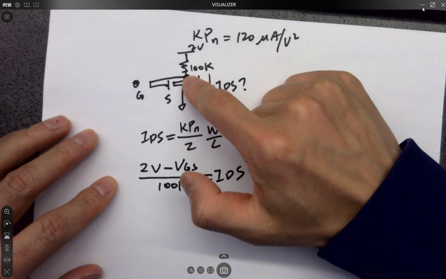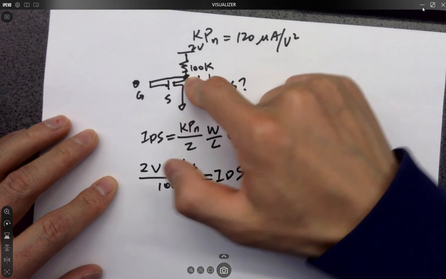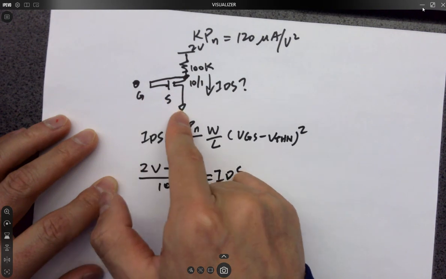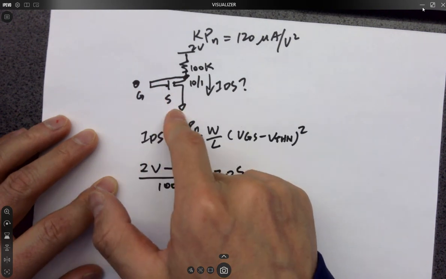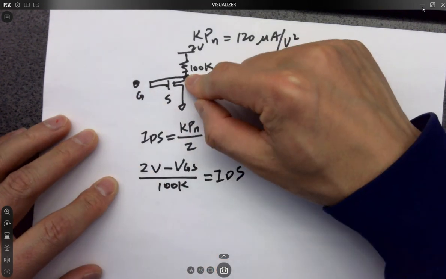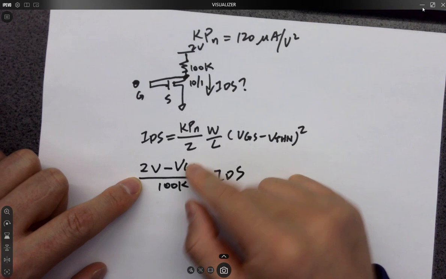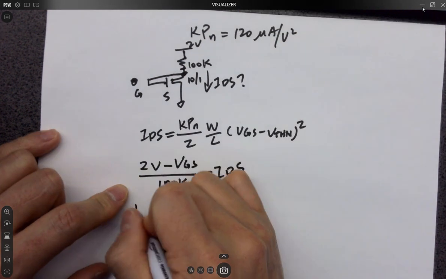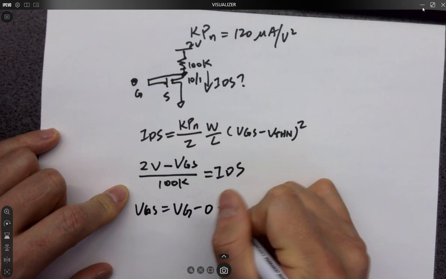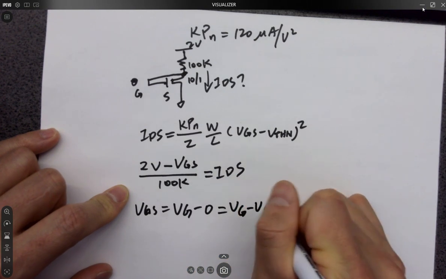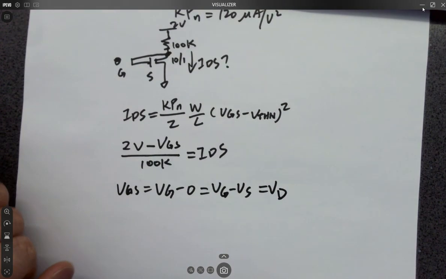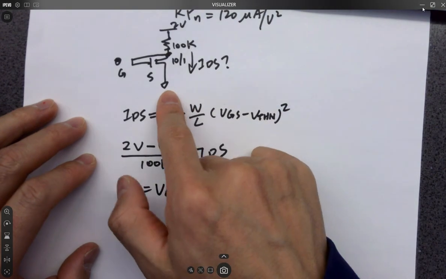See, this is the node voltage at this point, which is VG or VD. But the thing is, S is ground, so VGS is basically VG, and VG is VD. So it's going to be the voltage of this node. So VGS is the same as VD, because S is 0 volts.